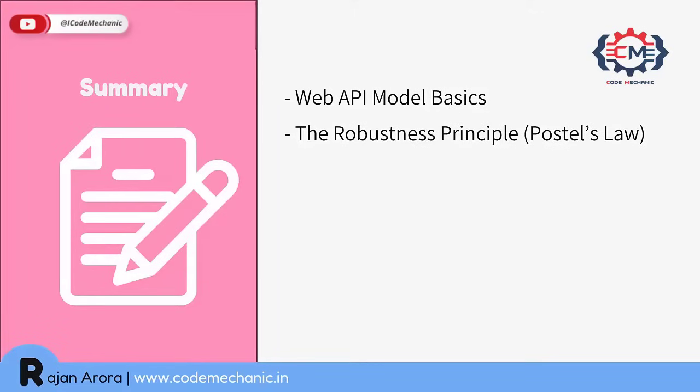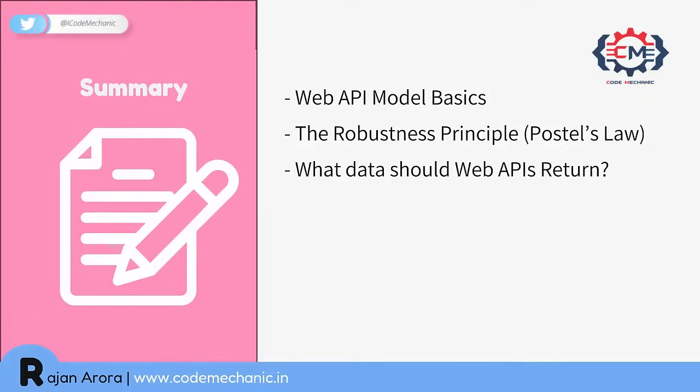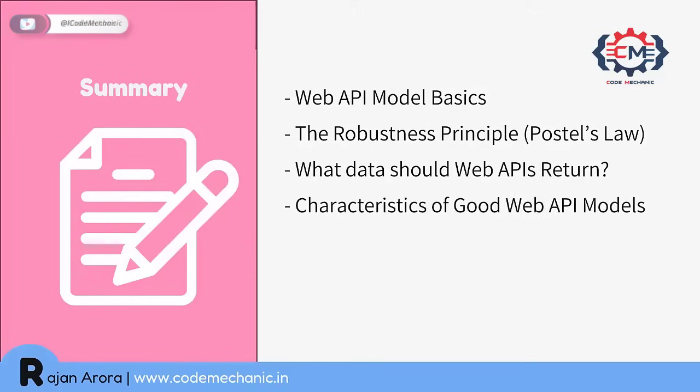Keep your API usable for the long haul by following these principles. We considered how to structure the data that our API returns. We learned about summary versus detailed representation and options for paging and navigating large resource collections. We wrapped up by looking at some characteristics of good Web API models as well as a few antipatterns that you will want to be careful to avoid.